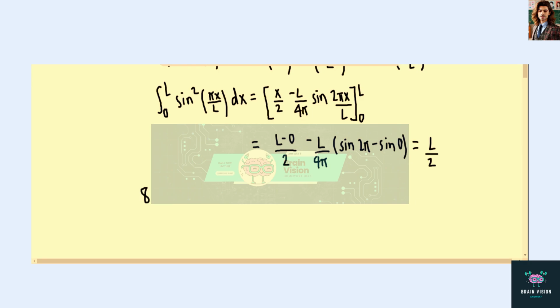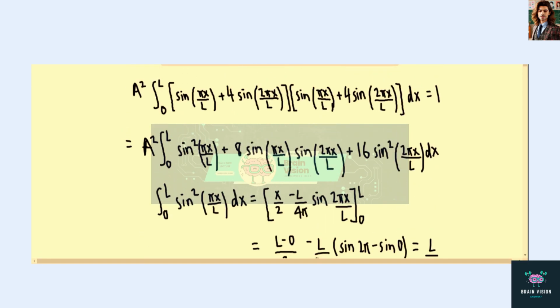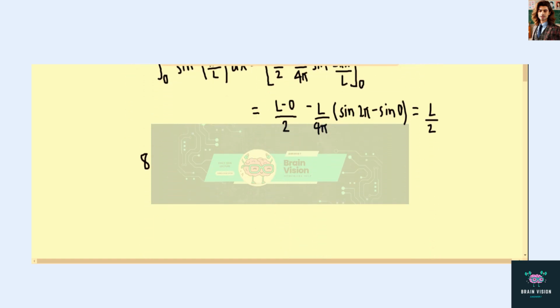And this integral of sine squared pi x over L is just L over 2. Next, we have the integral for the cross term, that is 8 times sine of pi x over L times sine of 2 pi x over L.